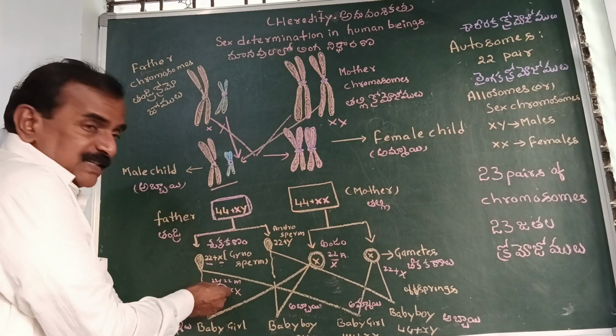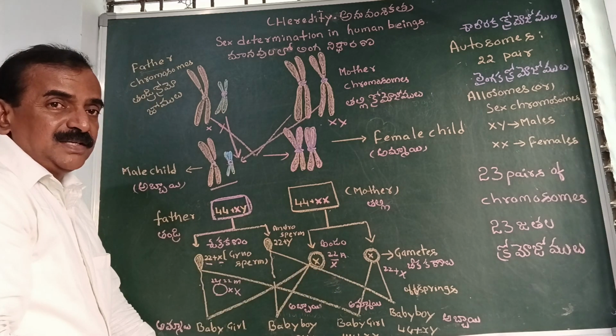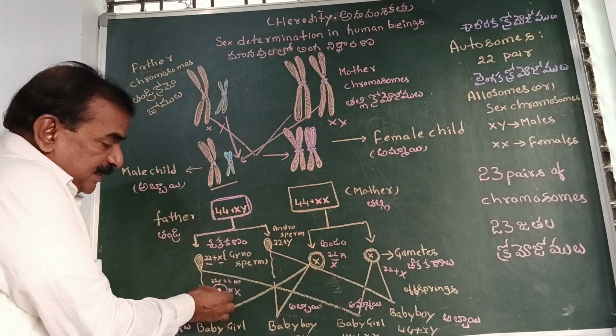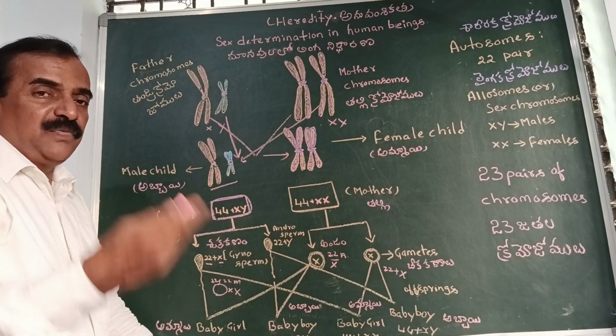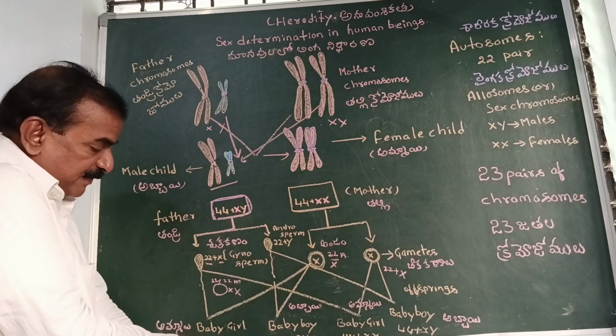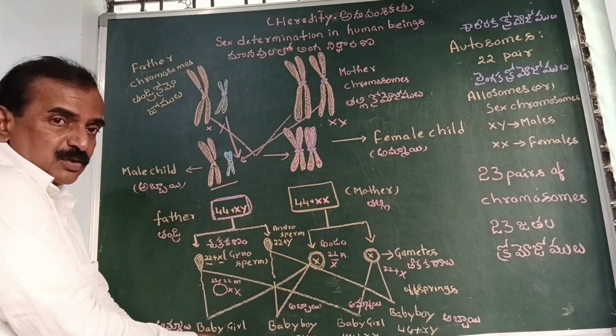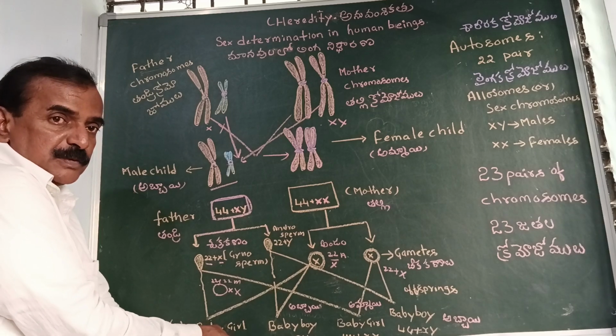This zygote develops into an embryo, then a fetus, and this fetus develops into a baby girl, having 44 autosomes and XX allosomes. So here a baby girl is born.